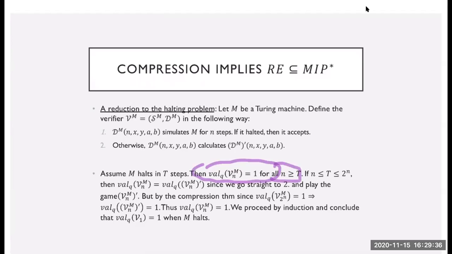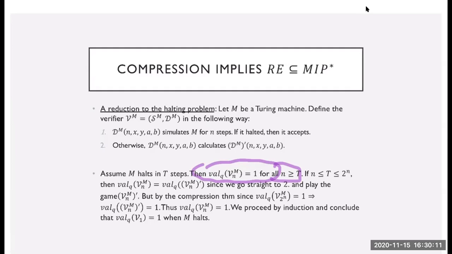Now the question is, what happens if you take some n, which is smaller than t, but for which 2 to the n is larger than t? The point is that as part of the game of V_M, you play V_M prime. This is part of doing V_n, it is doing n to the M prime. So we go straight to step 2 because we don't stop at t steps.